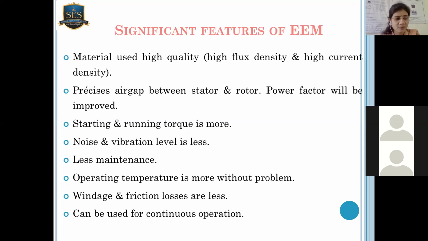Without any problem, we can utilize these motors for continuous operation. There is no need to stop the motor for cooling purposes. For example, we require that particular motor for 8 to 10 hours of a manufacturing process.